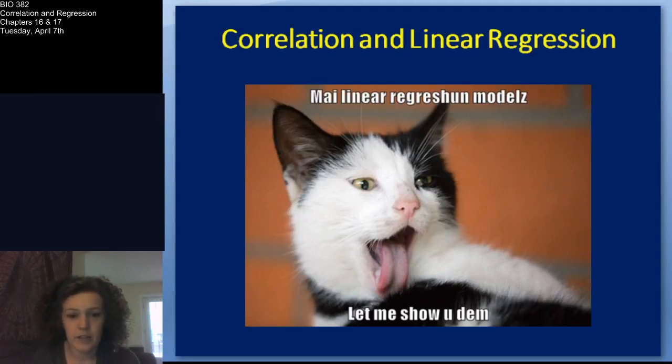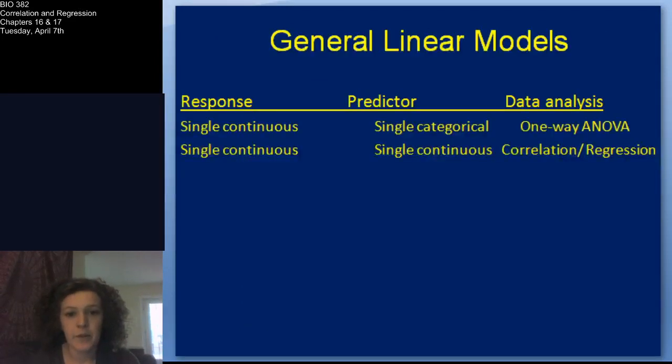All right, cool. So remember, with one-way analysis of variance, you have a single continuous response variable and a single categorical predictor variable, right? We'll go up to two-way ANOVA next week, and there you'll have multiple categories, but for now we're just sticking with the single one.